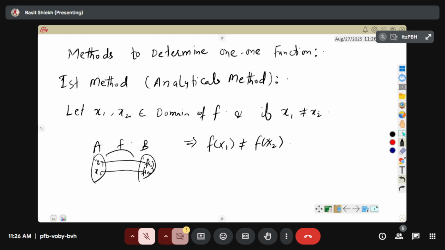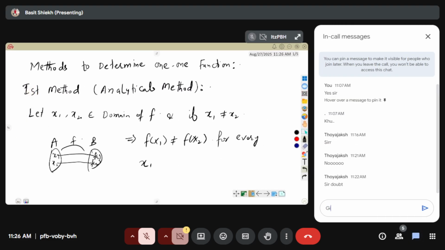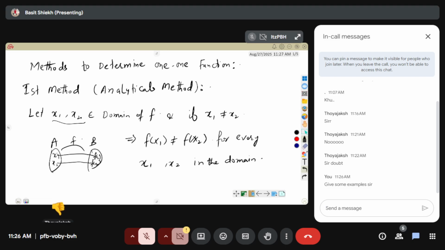If x1 not equal to x2 implies f of x1 not equal to f of x2 for every x1, x2 in the domain. These x1 and x2 are in the domain. That's why I have written here for every x1, x2 in the domain. We will check every element here, let's say it is x3.